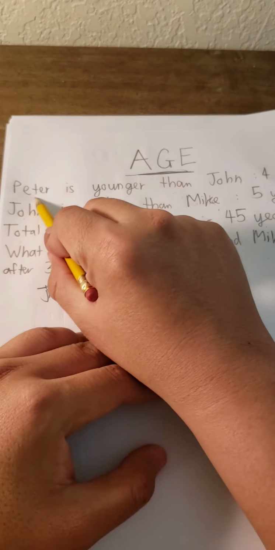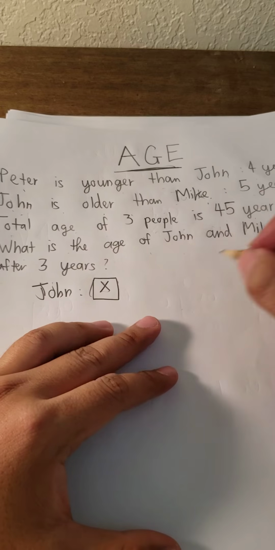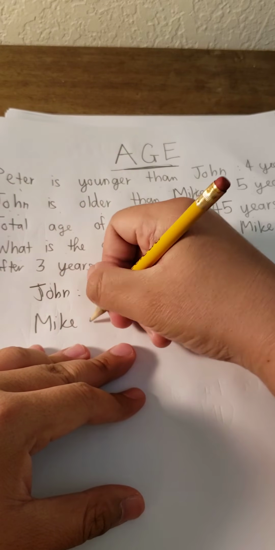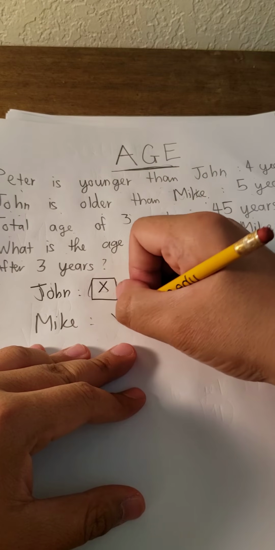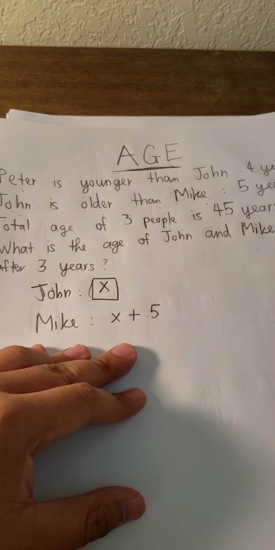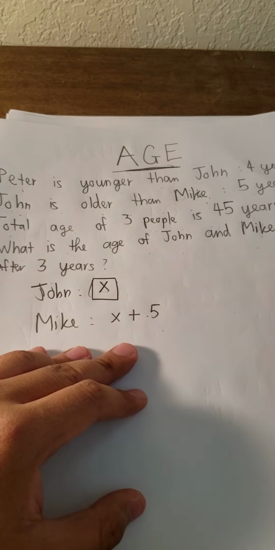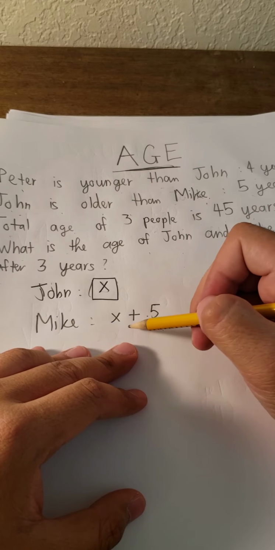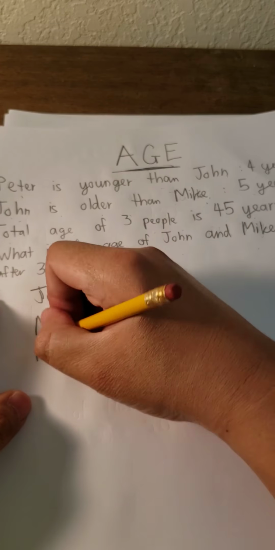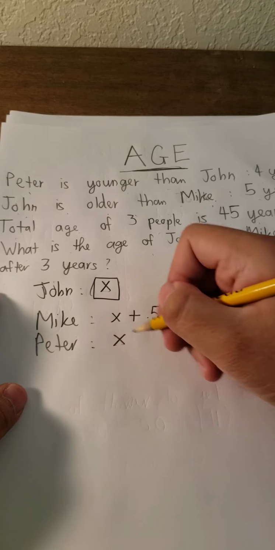So let's look. John is older than Mike. It means that Mike is S plus 5, because Mike is older than John, and Peter is S plus 4.